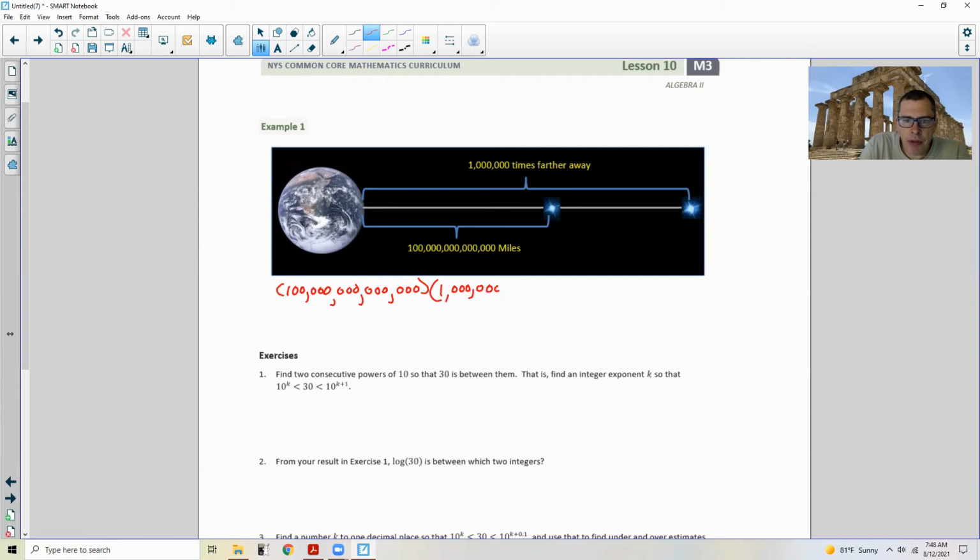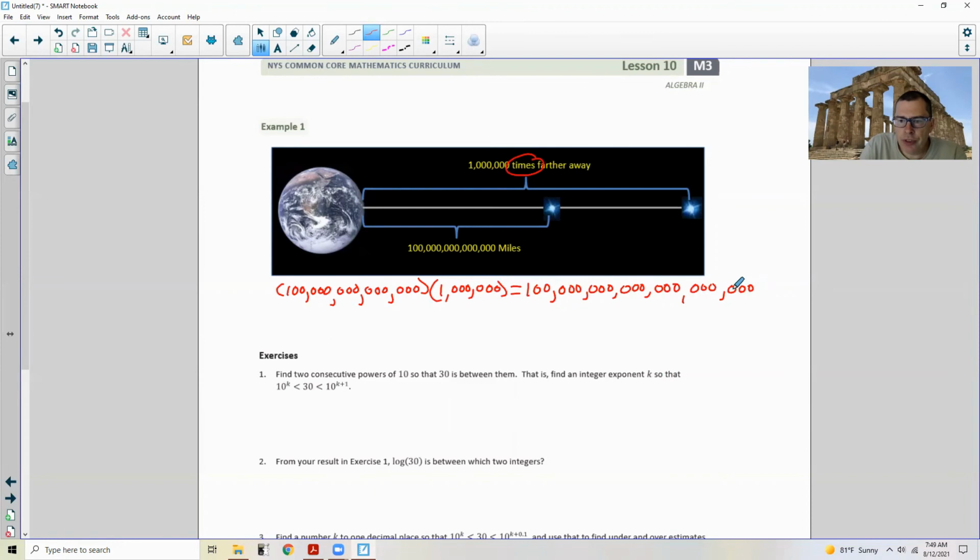The key word here is million times farther, so we're multiplying. And when we multiply things that end in zeros, what we're doing is adding zeros onto the existing number. So I'm going to add 6 zeros to the trillion. This was our original number, 1, 2, 3, 4, and then the 2, and then we're going to add 6 more.